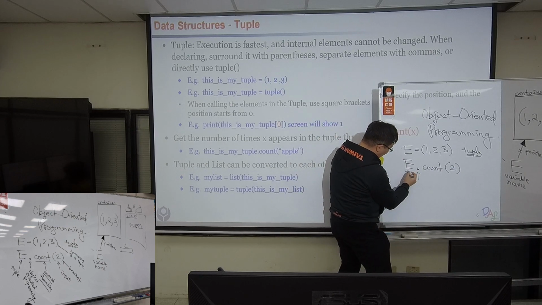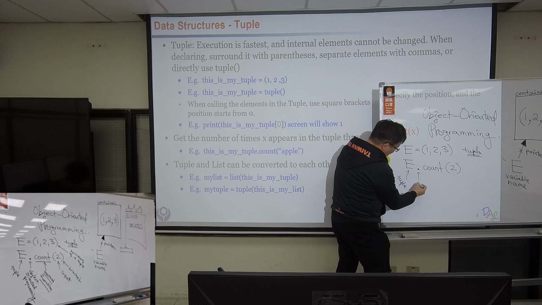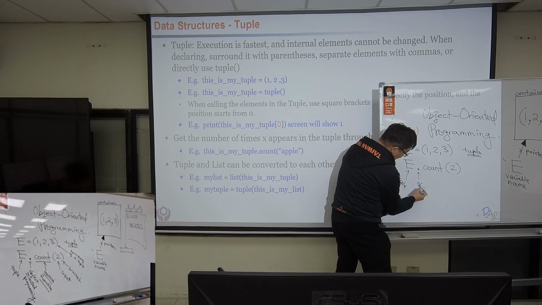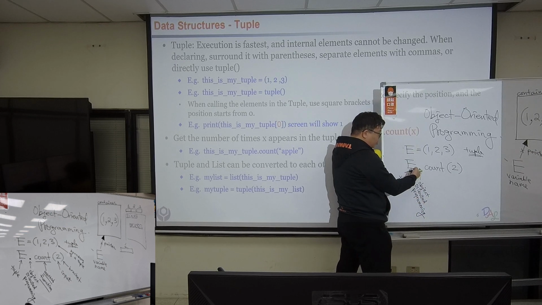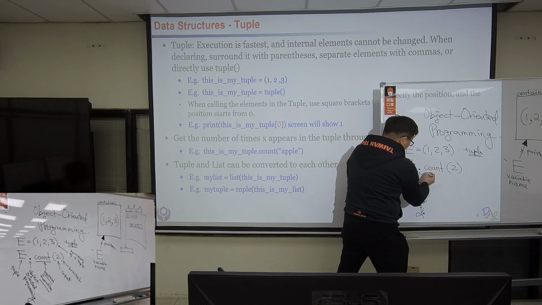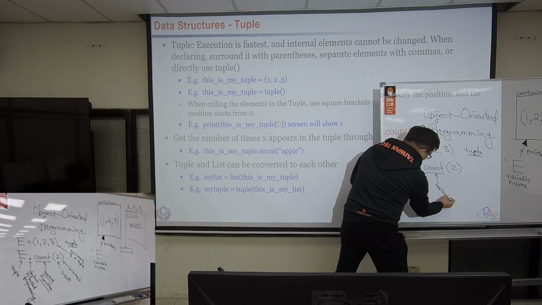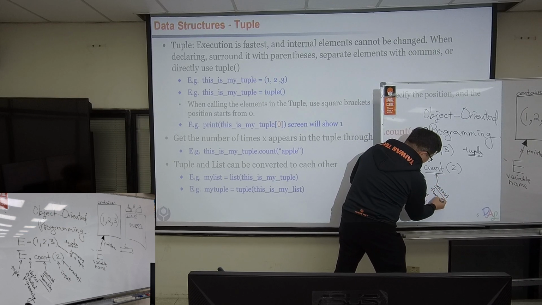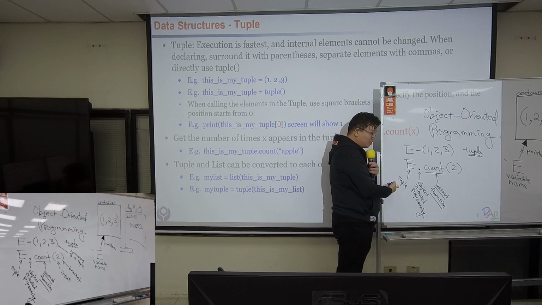So this is a tuple, and the dot represents object-oriented programming. Which means you want to do something that is related to a tuple. So count is a method, or a function, that can be used behind a tuple.